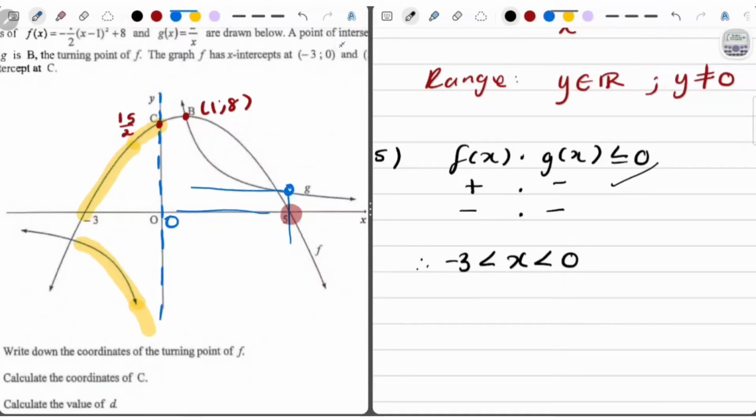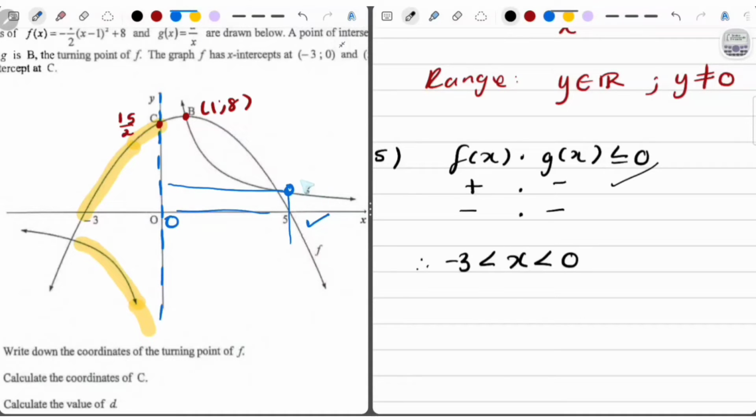This has a positive y value. But that's not a problem, because this has a y value of 0. So if you take that 0 times whatever that is, you still get 0. And that's one of the things we're looking for. We're looking for when you take f times g, they give you 0 or something less than 0. So I say that 5 is a point that I need to remember to include. It's a part of our solution.